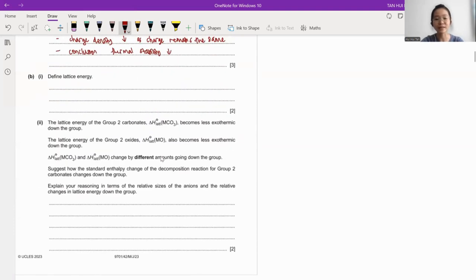Next, define lattice energy. For these definitions, especially enthalpy changes, I think it's easier for you to take an example of what lattice energy means. For example, using sodium, Na plus gaseous becomes solid. From this equation, you just write what you understand from it.